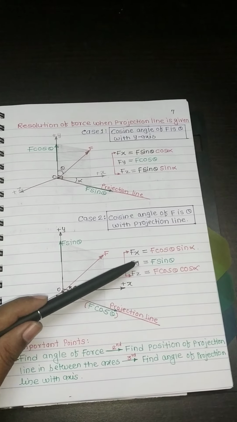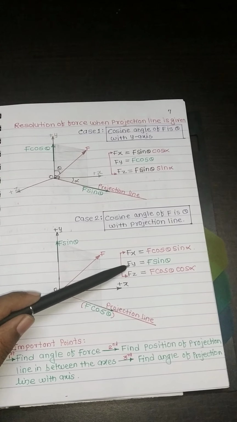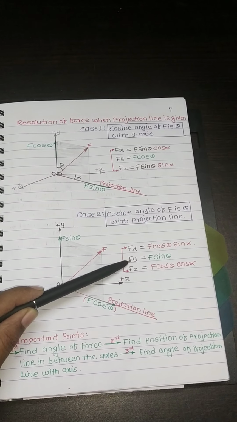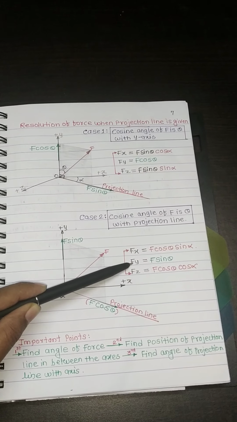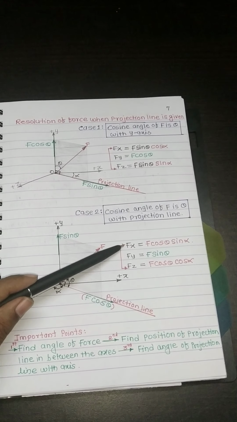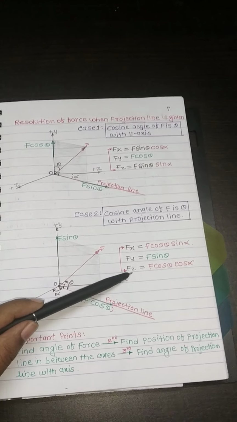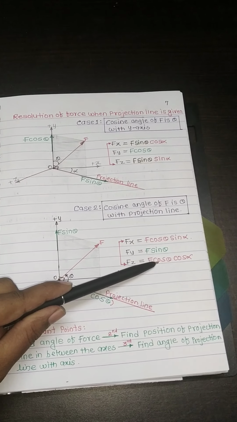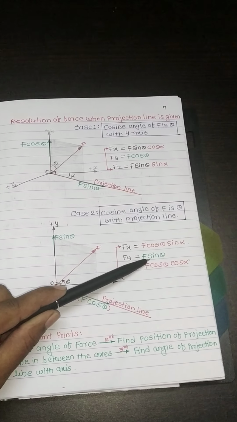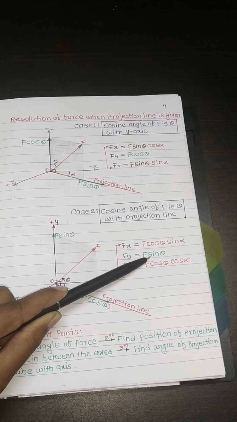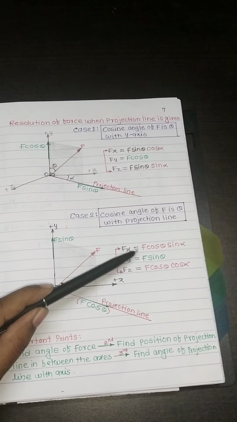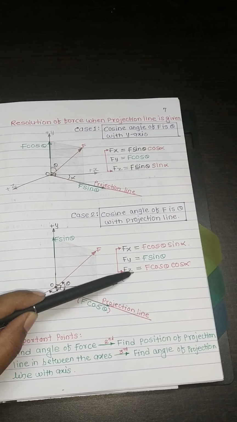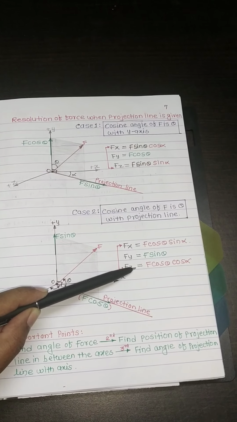So see here the division of the same. The projection line has made an angle with the force, therefore I have defined the cos component along the projection line and the remaining component perpendicular to the projection line is F sin theta. The projection line is in between the axes x and z.